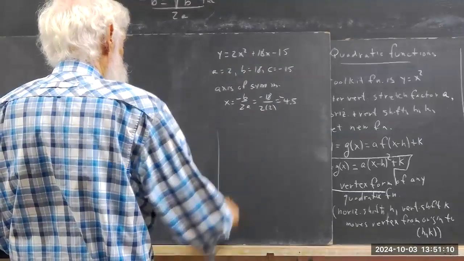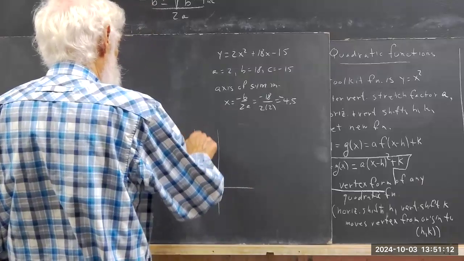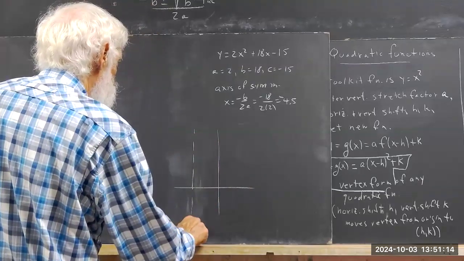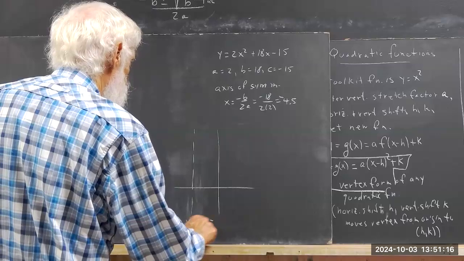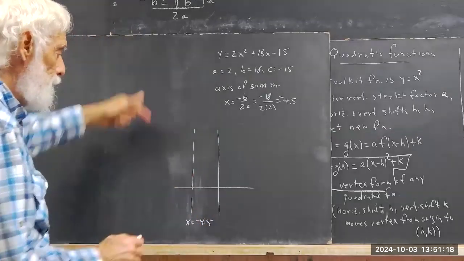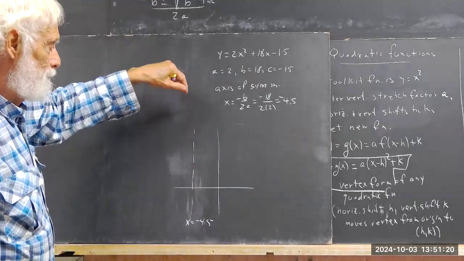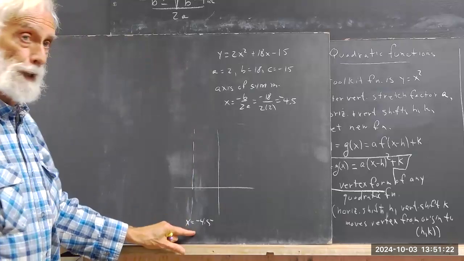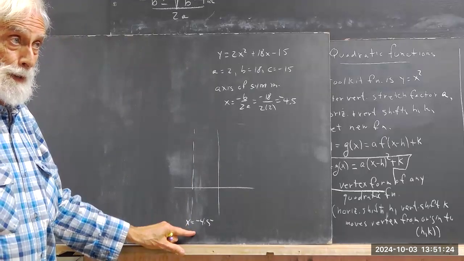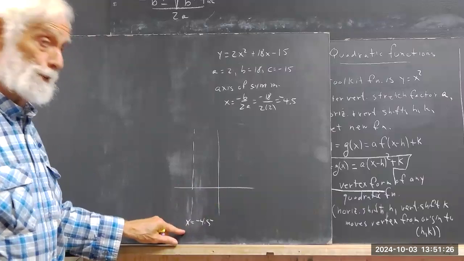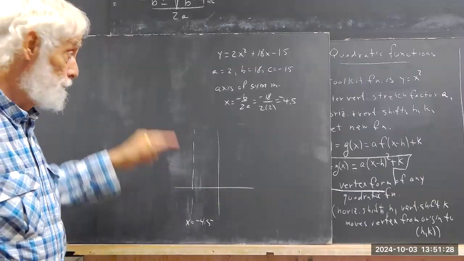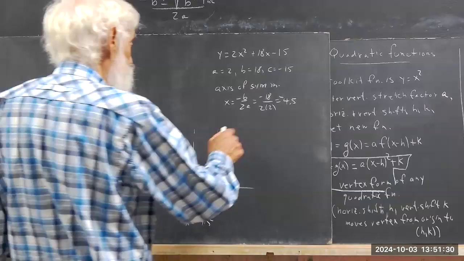Remember the negative sign. So right away, we can start to sketch the graph. Here's x equals negative 4.5. I don't have to mark a scale on this graph to declare that this is where x equals negative 4.5. Now, for any other x value, it has to fit the scale that I've imposed.